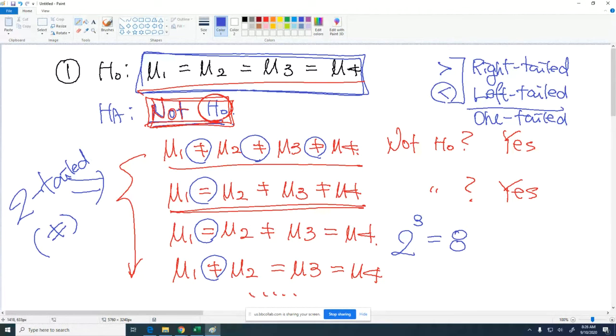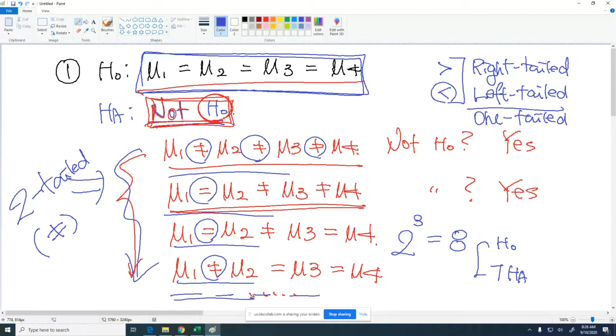One of them is the null hypothesis, and the other 7 are alternative hypotheses, 1, 2, 3, 4, 5, 6, 7 kinds.